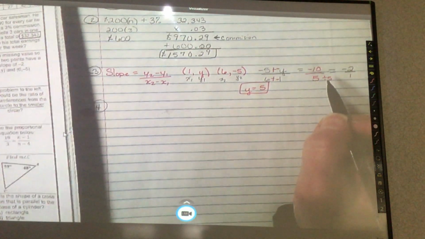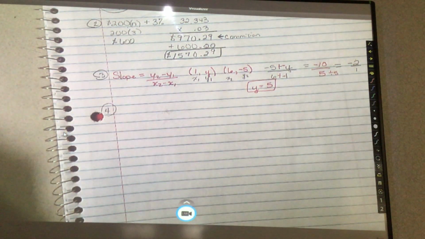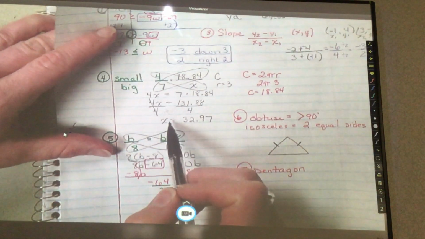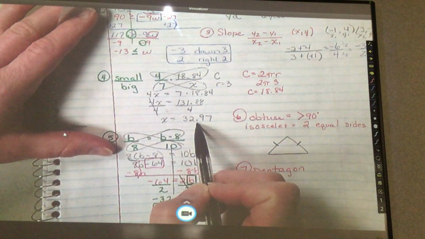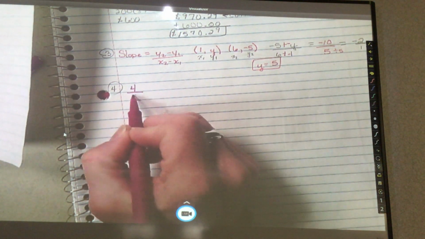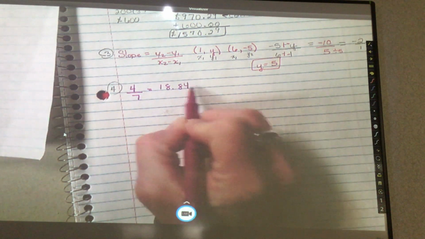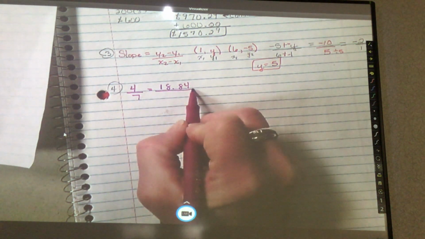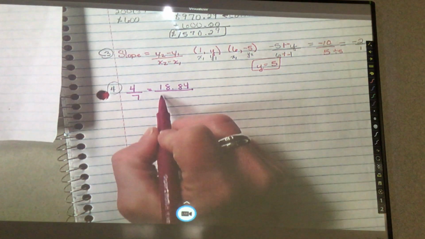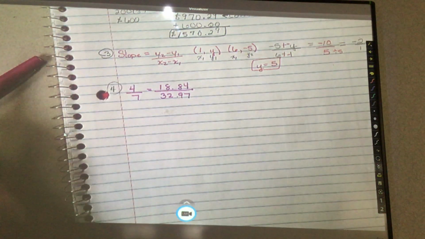Well, yesterday we figured out that x was 32.97. So I'm going to rewrite this. We knew yesterday that it was 4 to 7, which equals 18.84 for the small circle and 32.97 for the large circle.